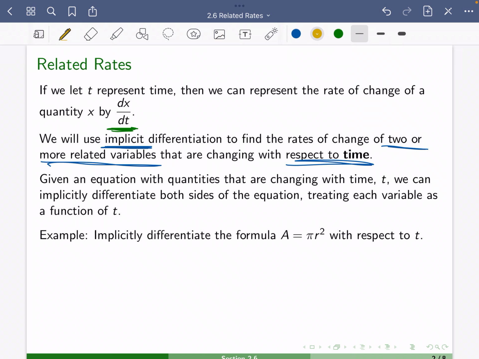And so let's implicitly differentiate the formula A equals pi r squared with respect to t. So we are implicitly understanding area is a function of time.